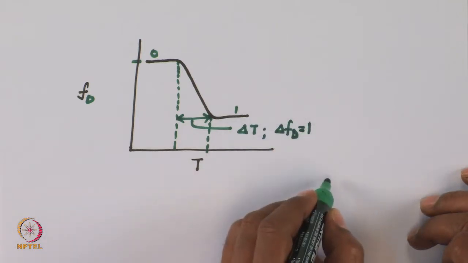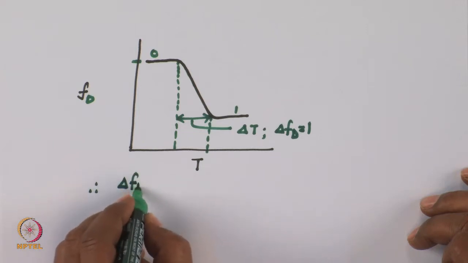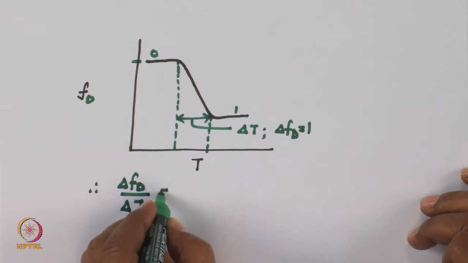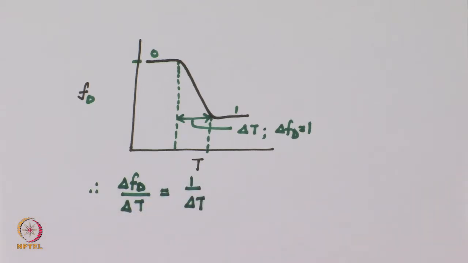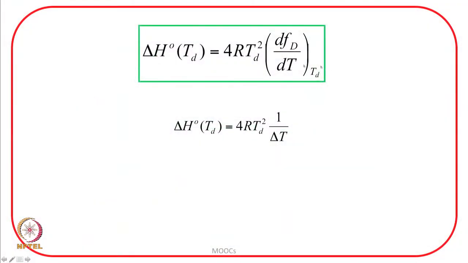Therefore, delta Fd over delta T will be equal to 1 by delta T, and this is what is put in this equation: 4R Td square, instead of dFd by dT I have put 1 over delta T.